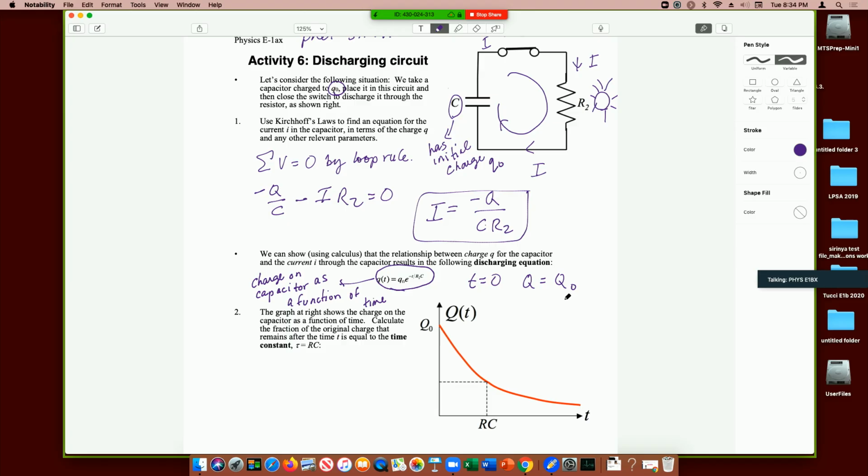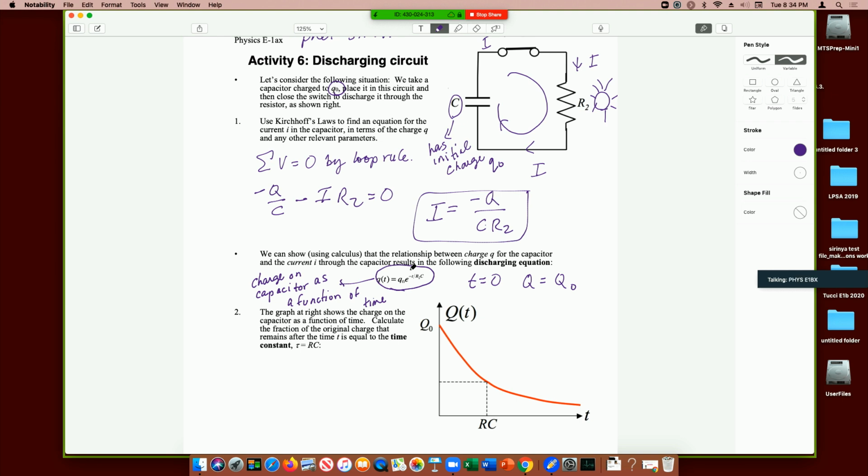Yeah, Q equals Q naught. Does that make sense with the equation? If t equals 0, I would put 0 in there. I made it so that you can't read it. But if I substituted 0 in for t right there, it would be e to the 0, which is 1, right?